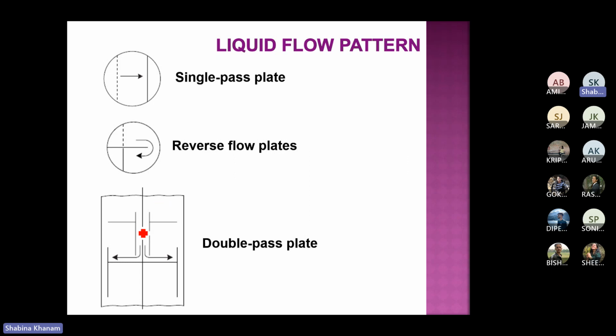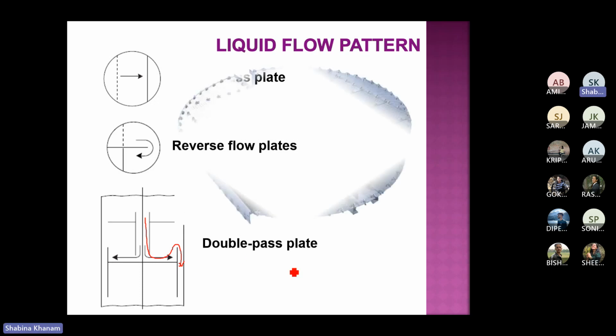Okay, this is the inlet downcomer and this is the outlet weir. So liquid will move from here to here, like this. Sorry, like this.